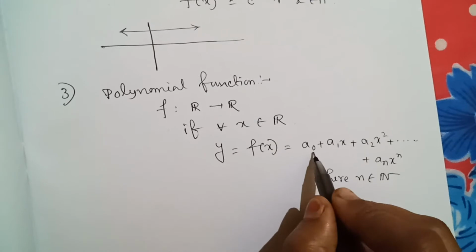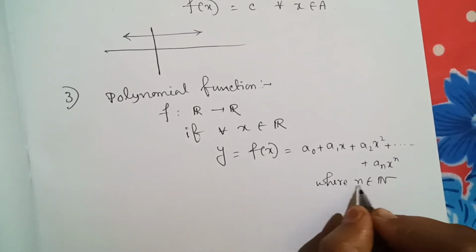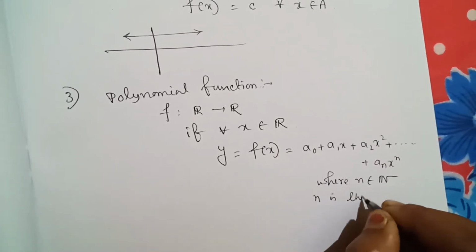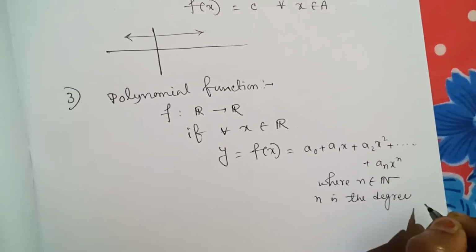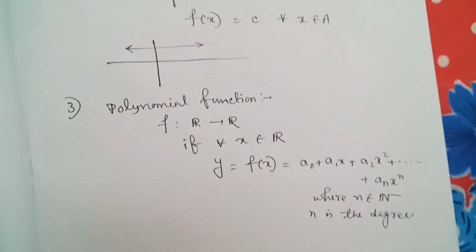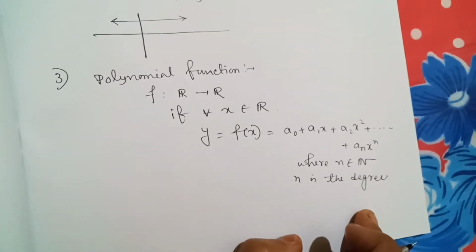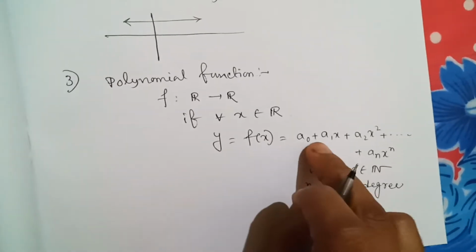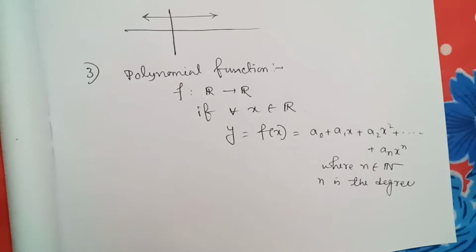Look, you can see that this is a form of polynomial. N belongs to the natural number set means n is the degree of this polynomial, and these a0, a1, a2, these all are constants. So these types of polynomials are called polynomial functions.